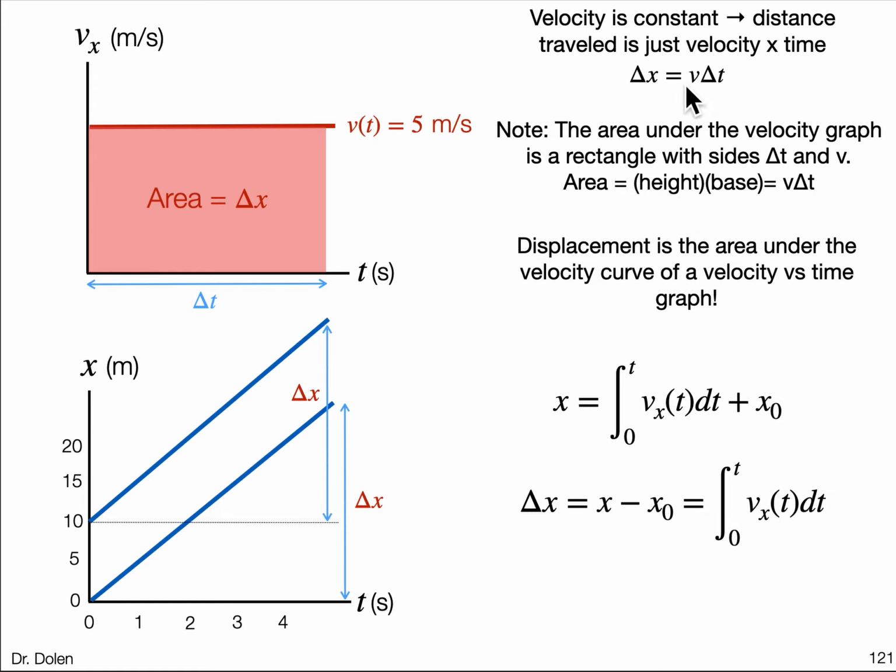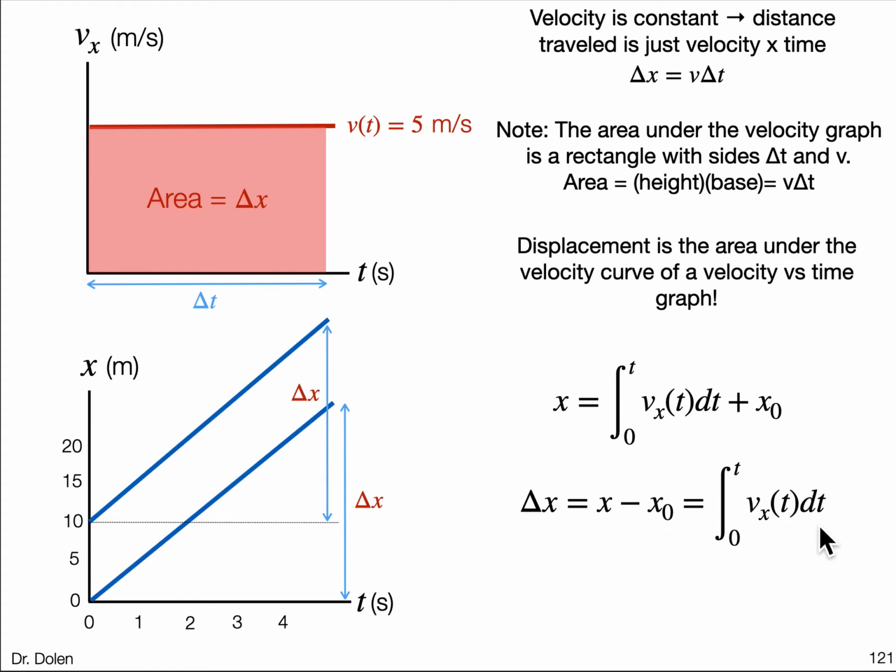So it turns out that if I know my velocity as a function of time, and I have a graph of that, I can just find the area under that curve, and that's equal to my displacement. And that's exactly what this integral is telling us. If we want to know the displacement of an object in some given period of time, I just have to integrate my velocity curve as a function of time.